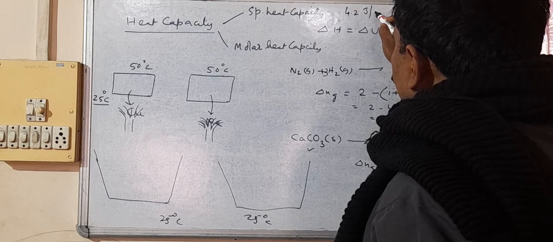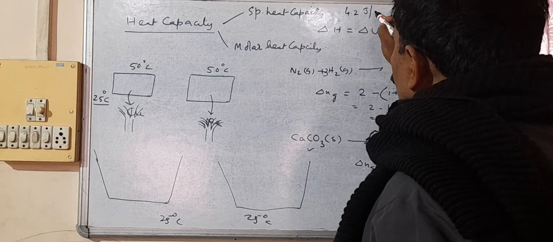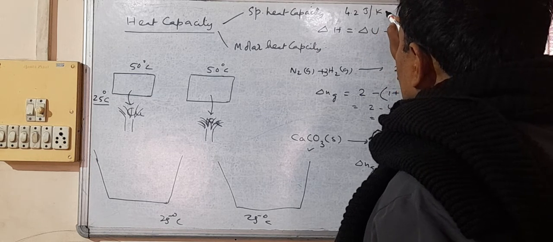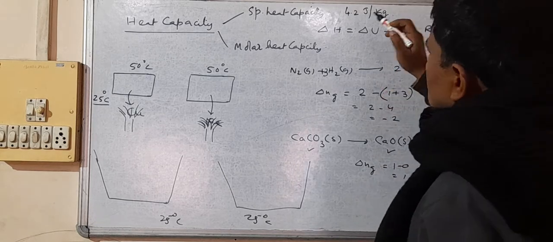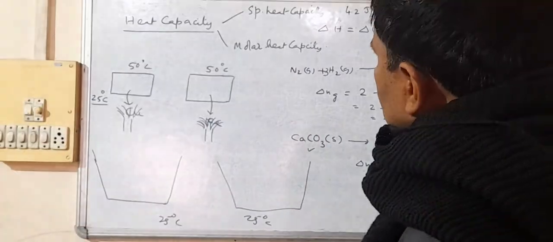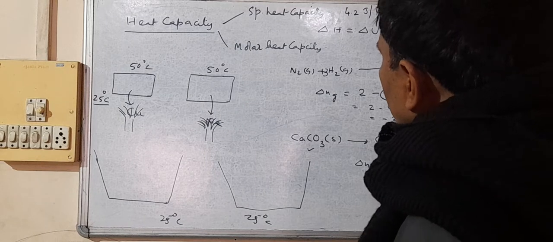Suppose specific heat capacity of water is 4.2 joules per gram.